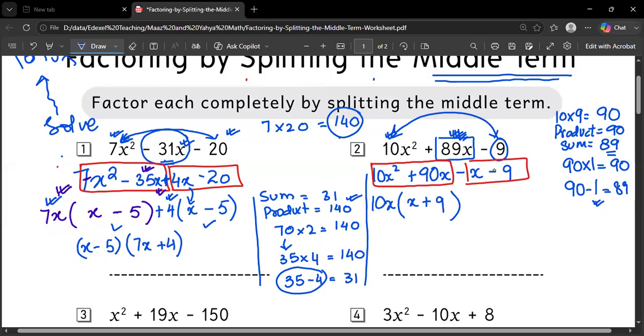Now, what is taken common between minus x and minus 9? I'm saying the 10x is taken common, the number 10. What is taken common between minus x and minus 9? Minus 1 only.